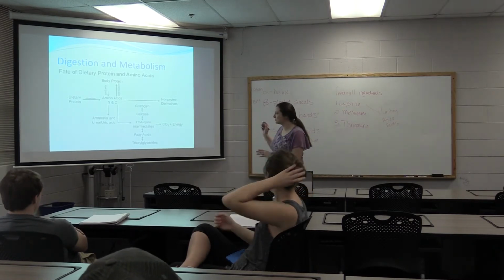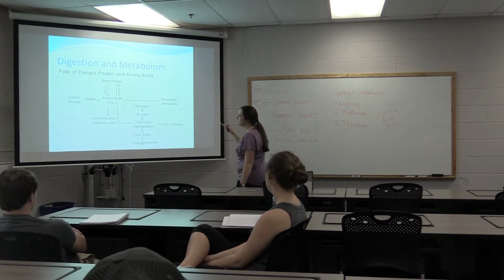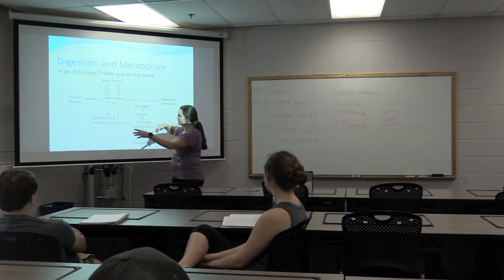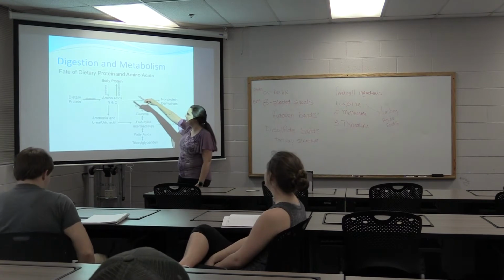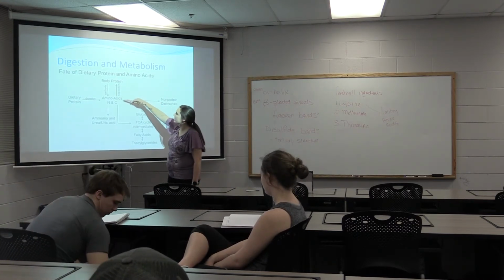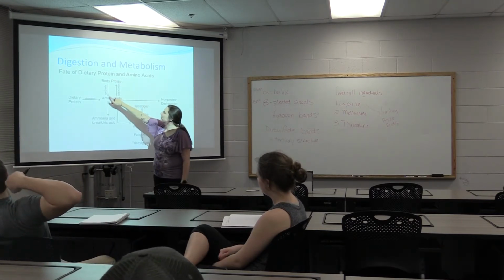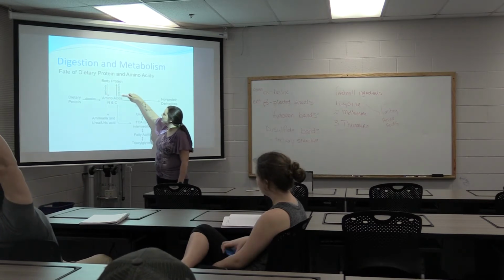So what this is essentially going through is the metabolism. We have our dietary protein, it's digested, which was what we just showed. So we have our single amino acids. Those amino acids are going to be used to make body protein, and I actually have those switched. Those should be switched. So synthesis should be over here.